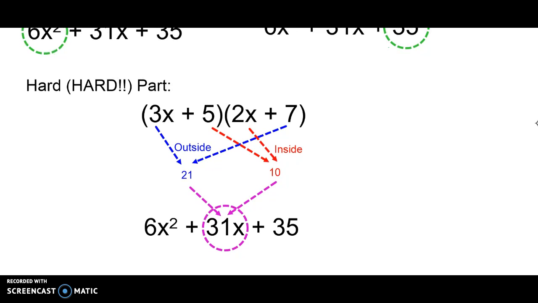And this is something that hopefully back in your Algebra 1 class, you practiced and practiced and practiced until you could do this all in your head. And it takes a lot of practice because look at everything that's happening. You're doing 3 times 7 to produce 21, but at the same time you're also doing 5 times 2 to produce 10. And when you're collecting like terms, you're having to add the 21 and the 10 to make the 31.